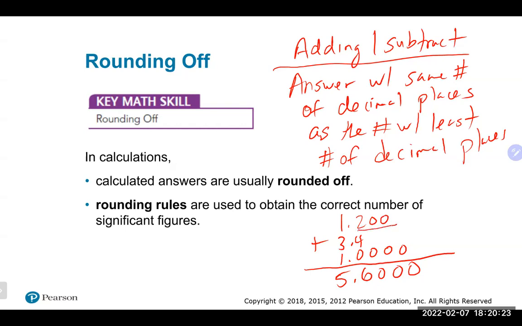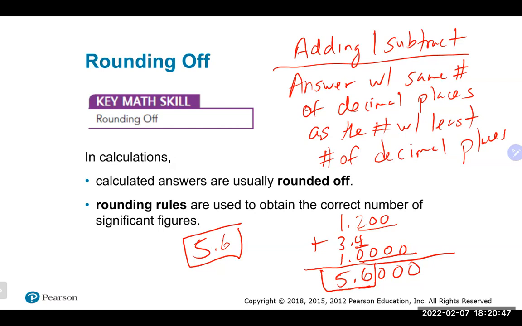This one has 3 decimal places, this one has 1, and this one has 4. The smallest is 1, which means we should round it right there, at 5.6. So adding and subtracting, again, smallest, but you're looking at decimal places. When you multiply and divide, you're looking at significant figures, also the smallest.